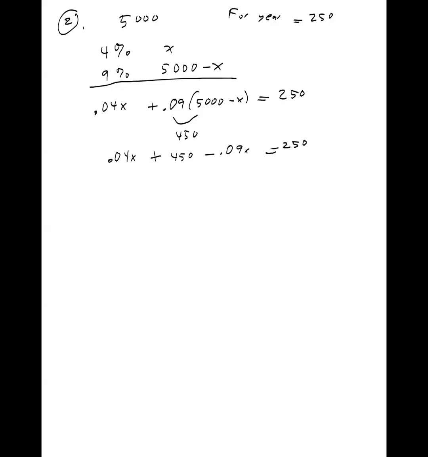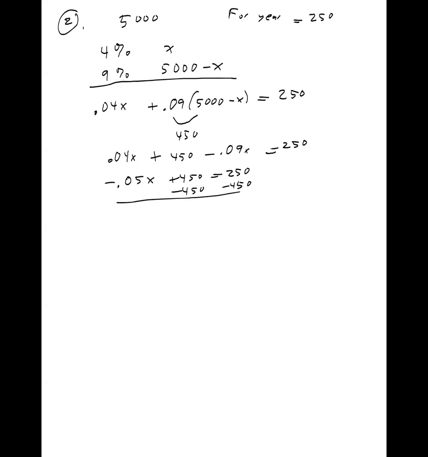Now let's combine the like terms. The 0.04x minus the 0.09x equals negative 0.05x. And then the plus 450 stays, equals 250. We will subtract 450 from both sides.